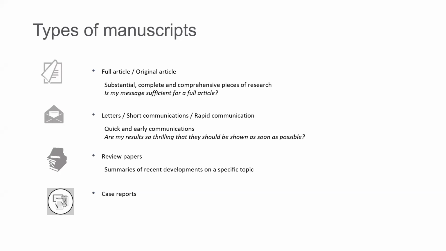If it is very important breakthrough science that you want to make available as quickly as possible, you can use a letter or short communication. The journal will also give you an idea of whether it publishes review articles, case reports, etc. So look out for all of this information in the aims and the scope of the journal on its website.